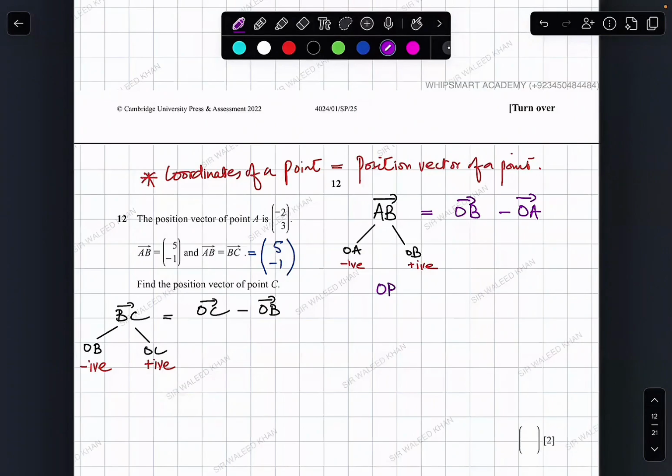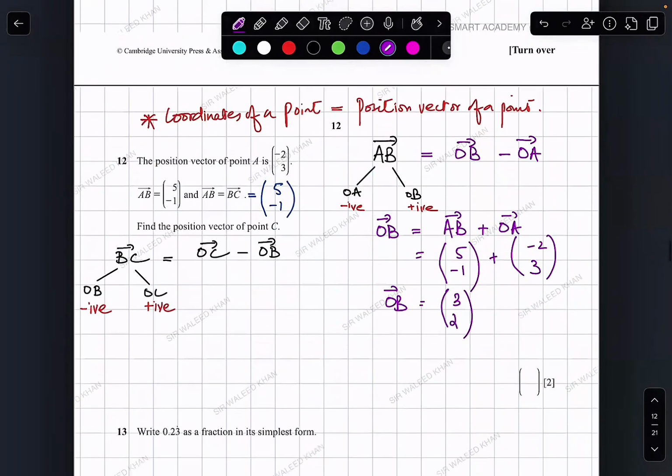So OB is equal to, rearrange it, AB plus OA. Using this, AB is (5, -1), OA is (-2, 3). So OB will be 5 plus minus 2, that is 3. And minus 1 plus 3, that is 2. This value I can use over here.